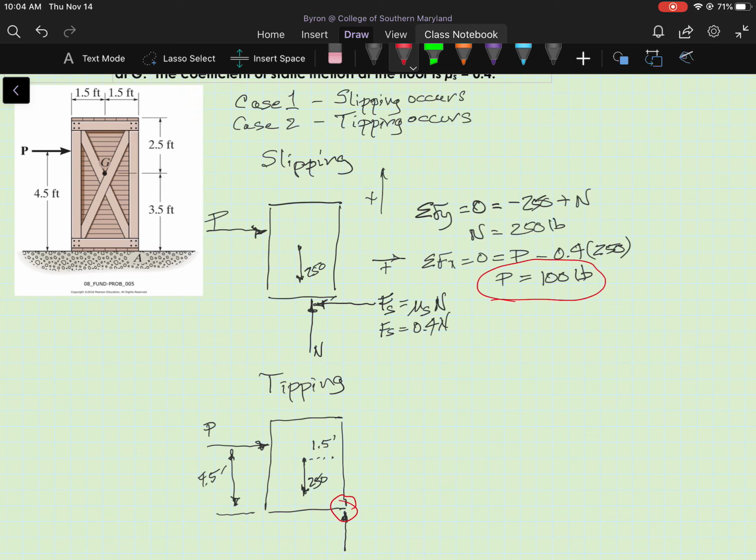So as it starts to tip and the back of the crate lifts off the ground, there's no contact with the ground. The crate does not contact the ground except along the front edge I showed. So the normal force is going to be concentrated there. And the frictional force is also going to be concentrated there.